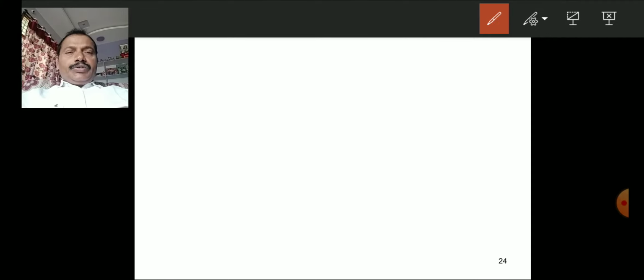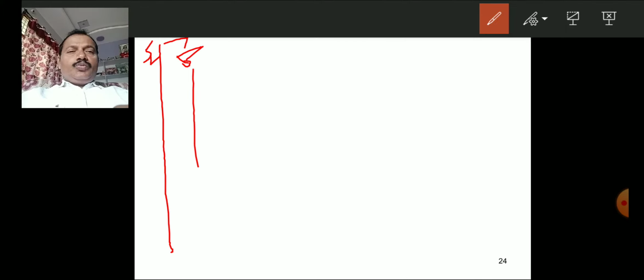For output Q0, Q1, let me draw the diagram so that you can continue drawing like this. For example, this is the S2 line, this is S2 bar line. Okay, next S1 line. This is the S1 line.